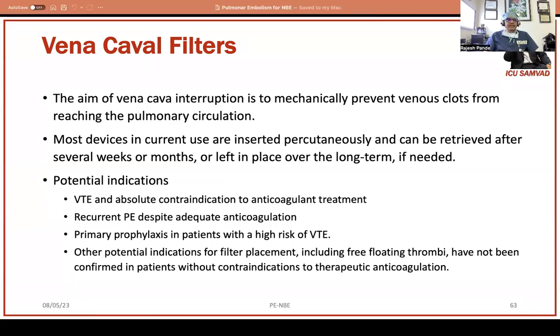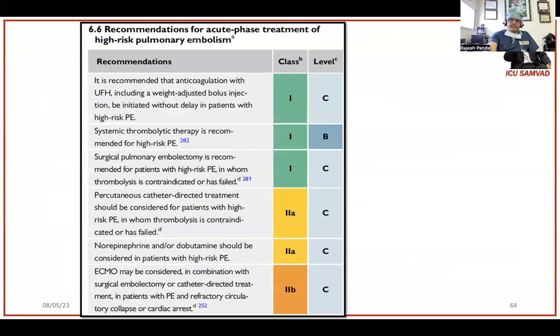Potential indications would be venous thromboembolism with an absolute contraindication to anticoagulation treatment, recurrent pulmonary embolism despite adequate anticoagulation, and primary prophylaxis in patients at high risk of venous thromboembolism. Other potential indications include free-floating thrombi, etc.